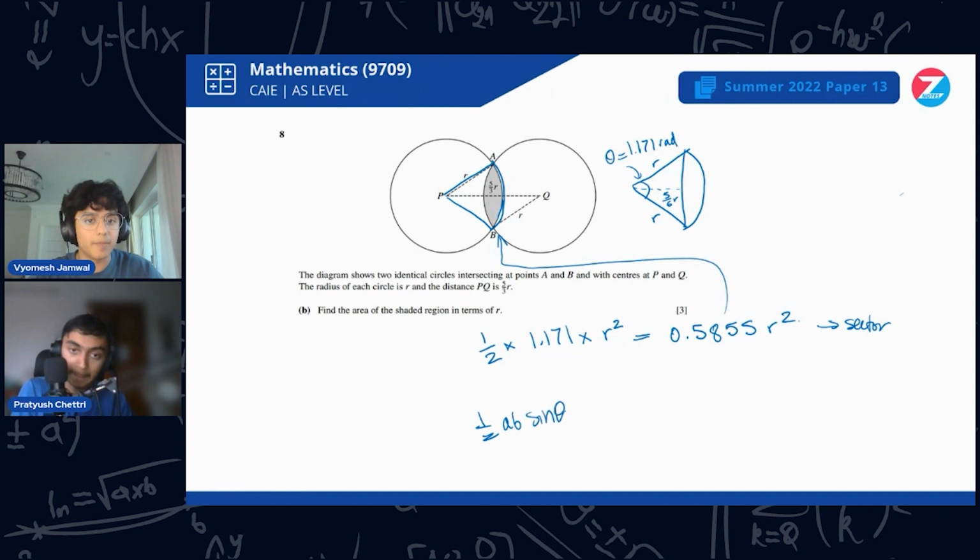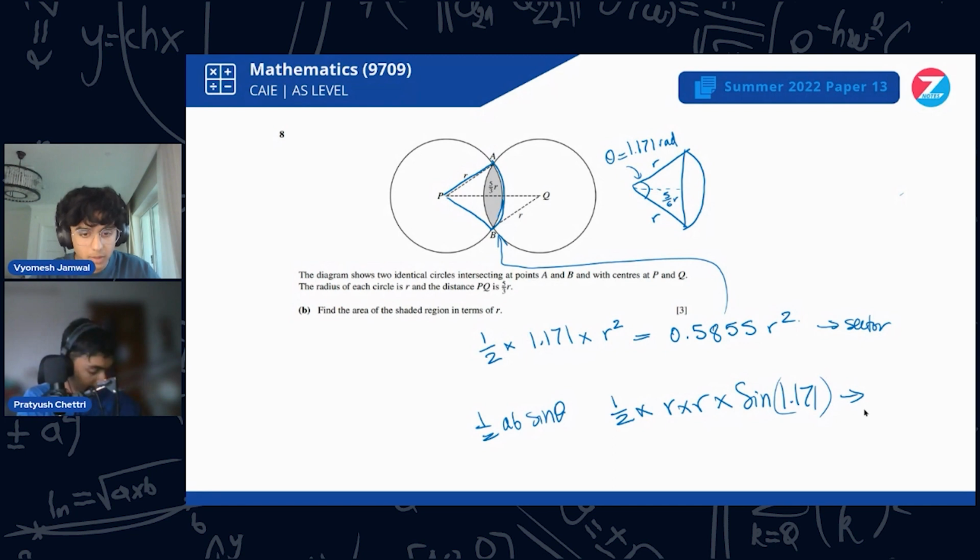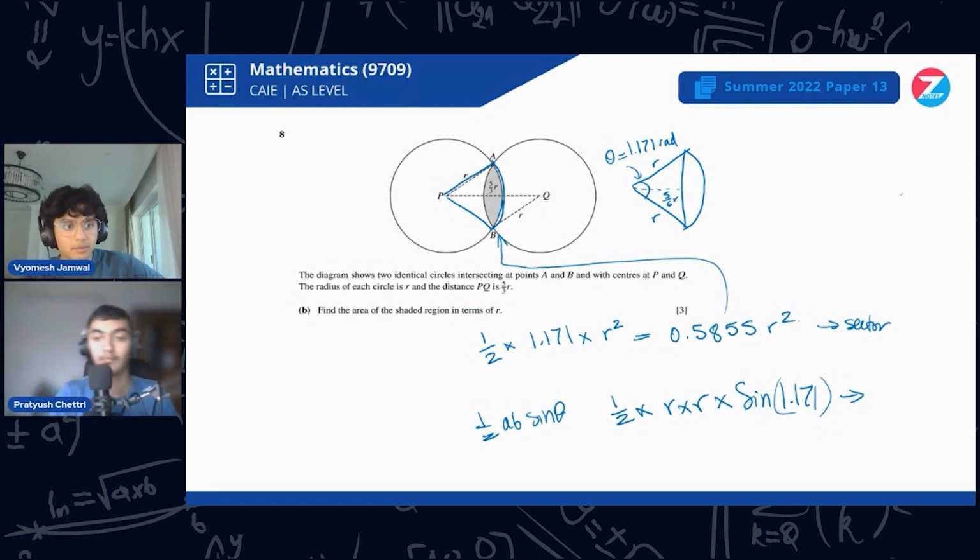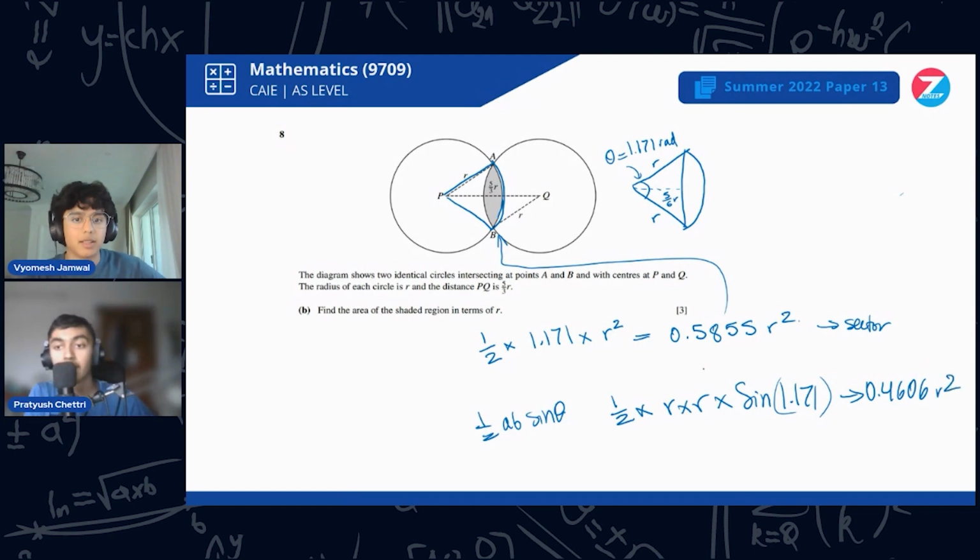So it's just going to be 1 upon 2 times r squared times sine 1.171. Let me just do that. Sine of that will be 0.4606 r squared.